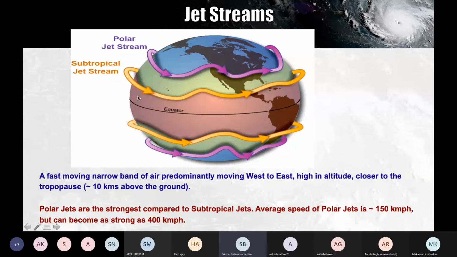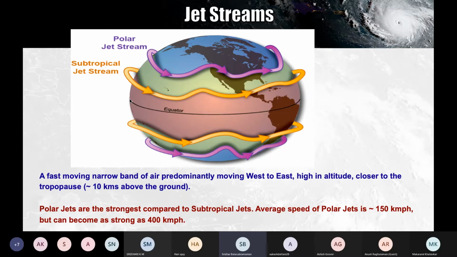MJO is not a very high latitude wave. It only flows near the equator. So jet stream is a different kind of wave. It doesn't have any coupling with ocean. Jet stream is only in the atmosphere, and it is purely driven by the convection that happens between equator and poles.